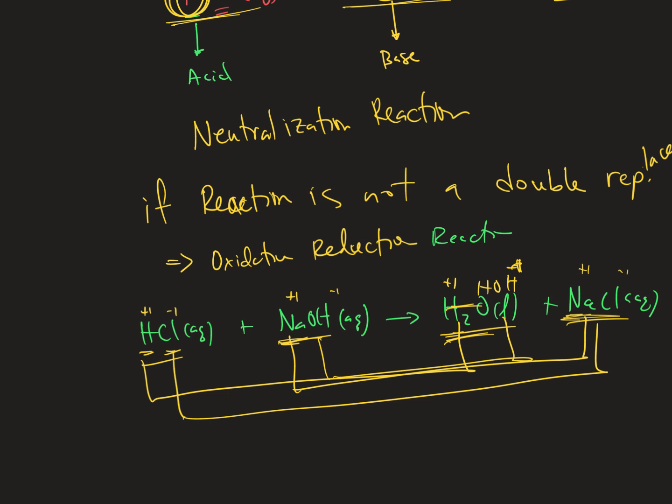Do we have to do that every time? No. If we can see that it's a double replacement reaction, we should know it's not an oxidation reduction reaction. If it's not a double replacement reaction, most likely it's an oxidation reduction reaction. Good?